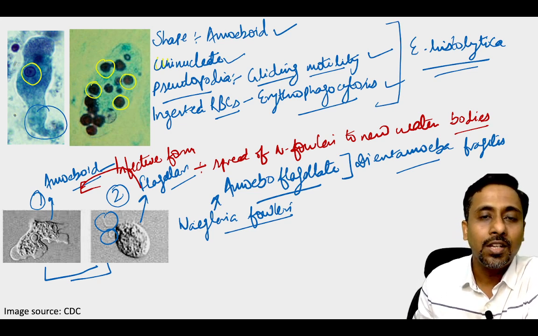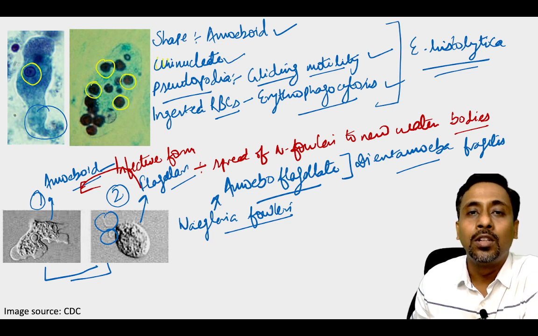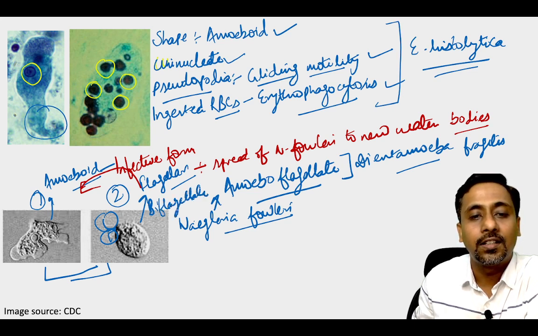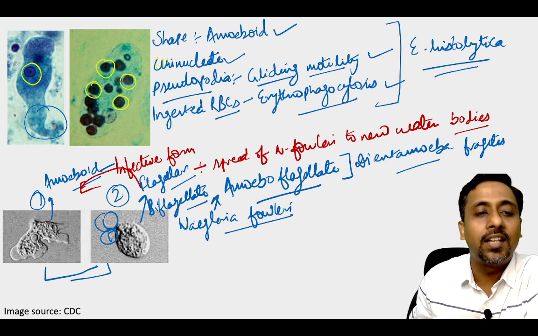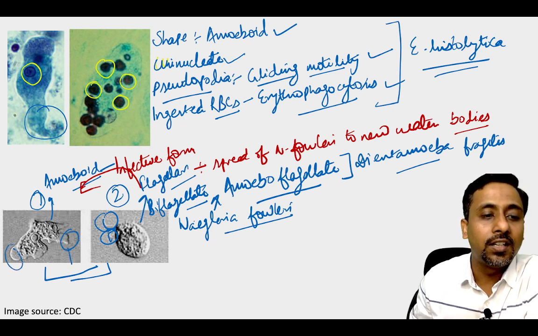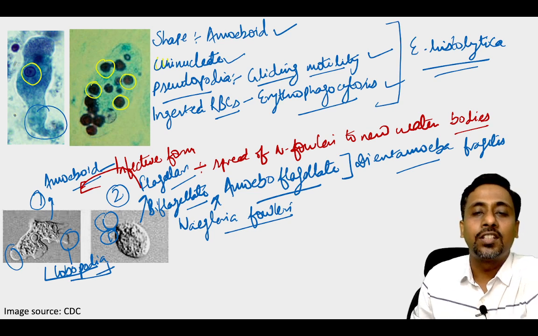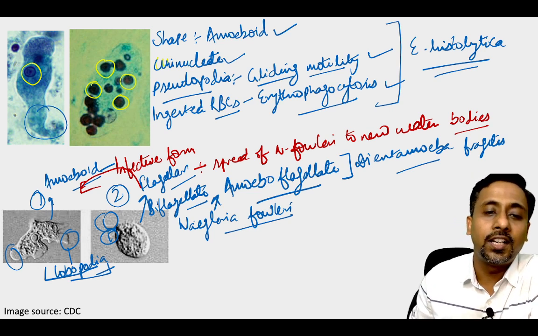Flagellar form is biflagellate, you can see the two flagella, whereas there is no flagella in amoeboid form, and the motility in amoeboid form is by virtue of pseudopodia, and these pseudopodia are round in shape, and that's why they are called lobopodia. So this is about the trophozoite form of Naegleria fowleri.